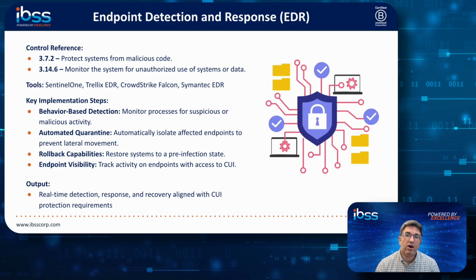By deploying EDR, we can ensure robust endpoint security for systems handling CUI. EDR solutions may incorporate AI/ML-based and heuristic detection to identify threats based on behavior and anomalies, while providing host-based intrusion detection and prevention capabilities.